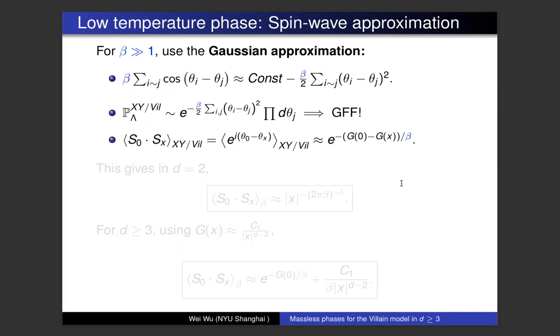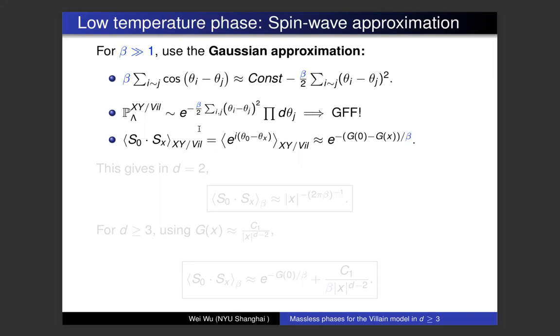When the temperature is very low, you would expect that these angle differences are going to tend to 0 because the spins are more likely to be aligned. Then the physicists can just replace the cosine by a quadratic function, and you basically treat the XY or the Villain model like a Gaussian free field.